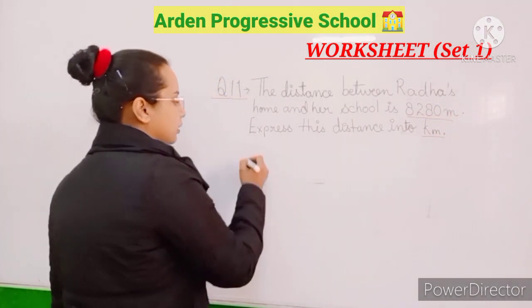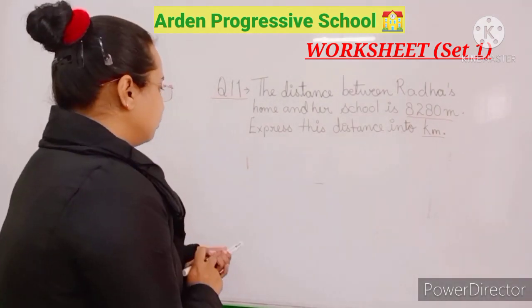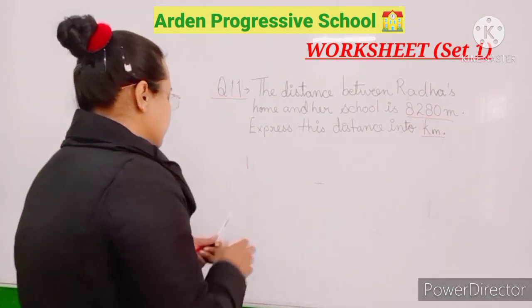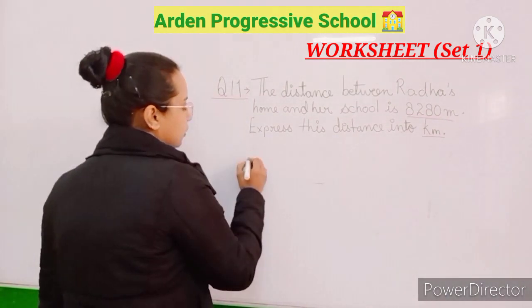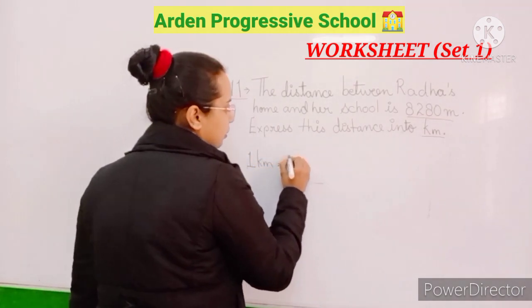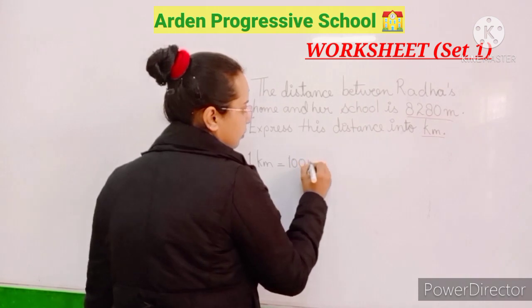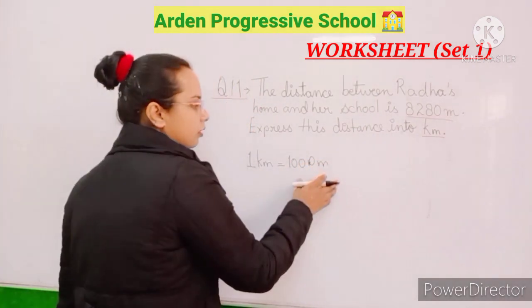So you have to convert this meter distance into kilometers. You know that in 1 kilometer there are 1000 meters. In 1 kilometer, how many meters are there?